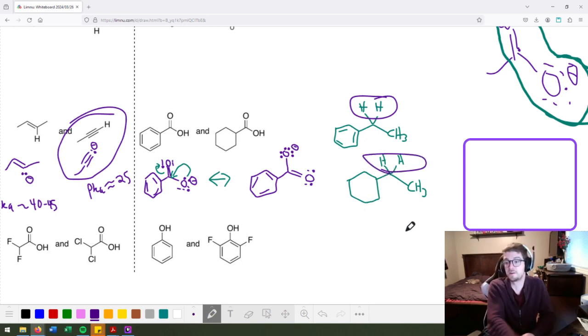And by downfield, I mean things that are shifted downfield are de-shielded, which says that there's less electron density around these groups, so they are de-shielded and appear downfield. So these would be higher ppm.